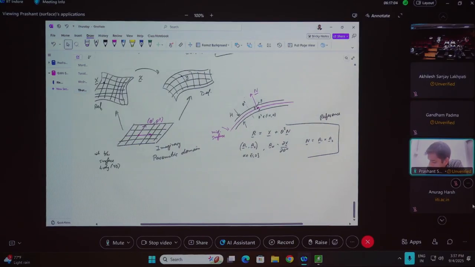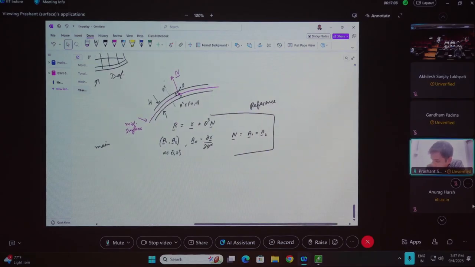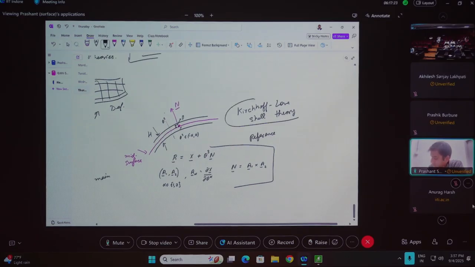What I'm doing right now here is what we call Kirchhoff-Love shell theory. And as I said before, there are many different types of shell theories. This is one of the simplest ones which you can move forward with, and it gives you a lot of nice things to work with.